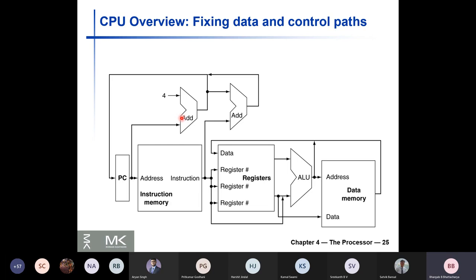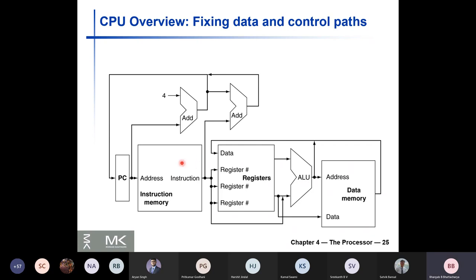Now, sometimes when you have branch and jump kinds of instructions, then it's not PC plus 4, it is something else, because that information is available from the label of the branch instruction. And the label of the branch instruction can be extracted from the instruction memory. That means this instruction memory holds all the instructions, and you are looking at one instruction at a time.